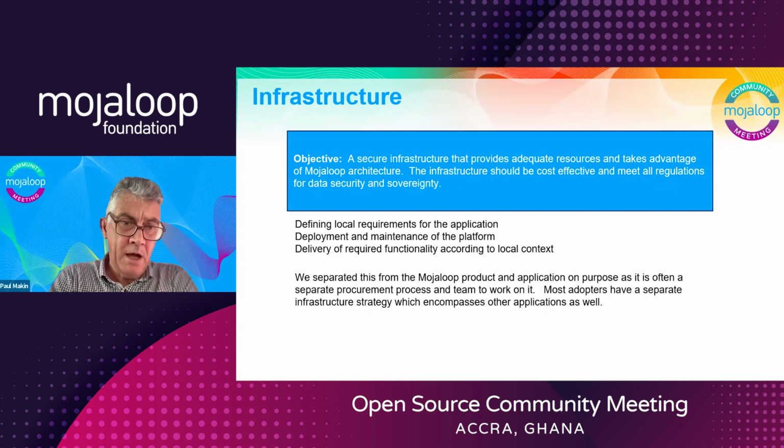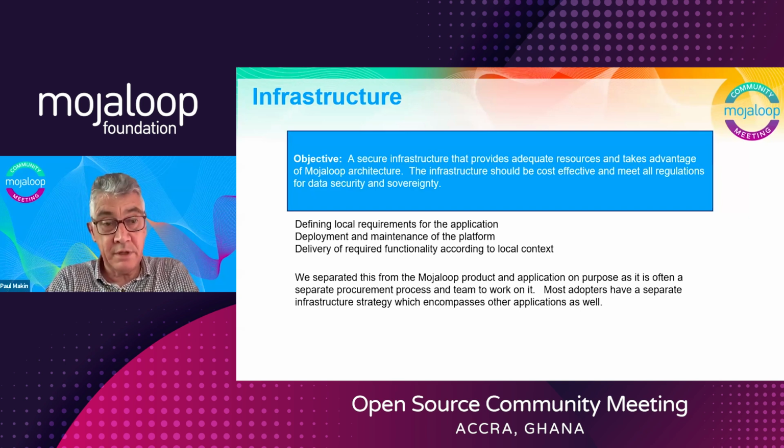Infrastructure. I think we've covered this at length already. You need the right infrastructure for the right deployment, and I've already mentioned the ability to flex your infrastructure requirements according to the needs of the service that you're operating. So we have the ability to start small, and as it says here, the infrastructure should be cost effective. Most regulators currently require that it be on premise or in country, at least for data security and sovereignty reasons.